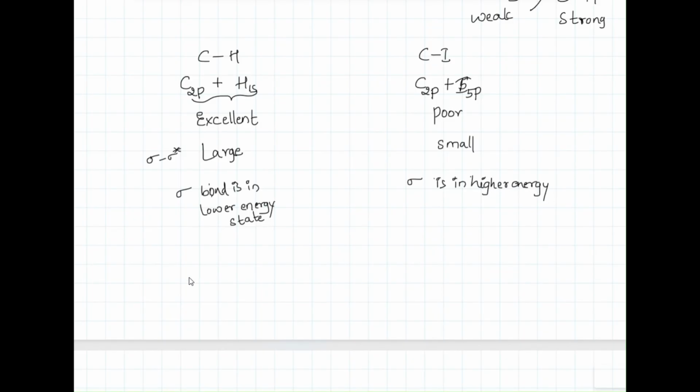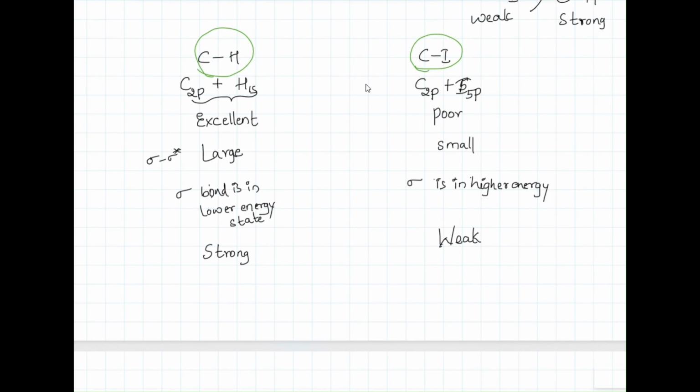The strength of the C-H bond is high, and the C-I bond strength is weak. Hence, the bond between C-I is weak compared to the bond between C-H.